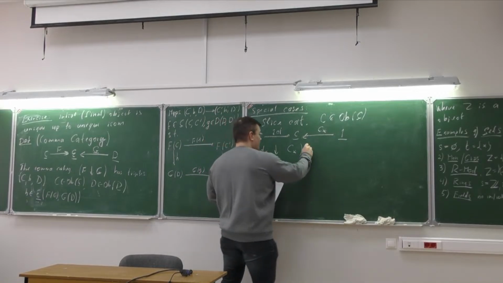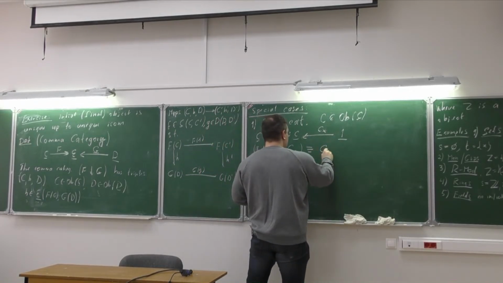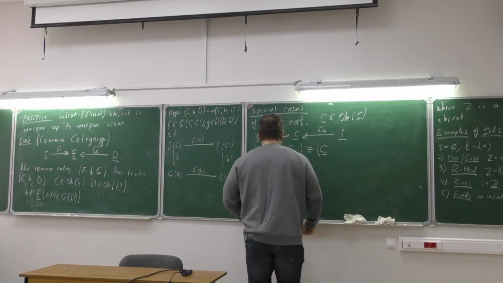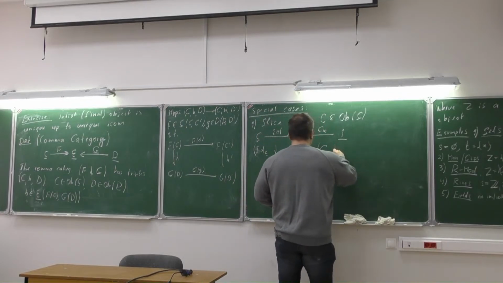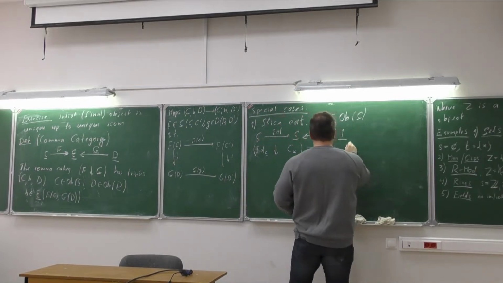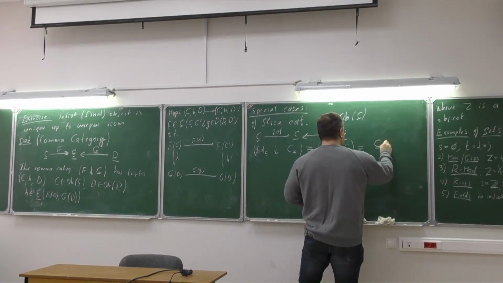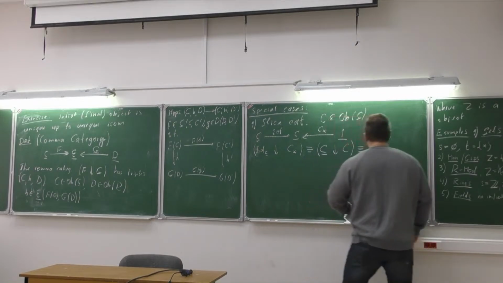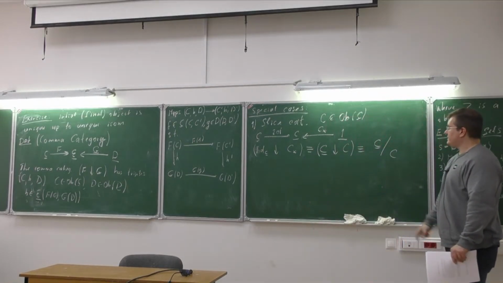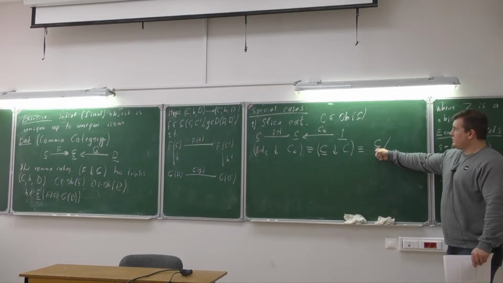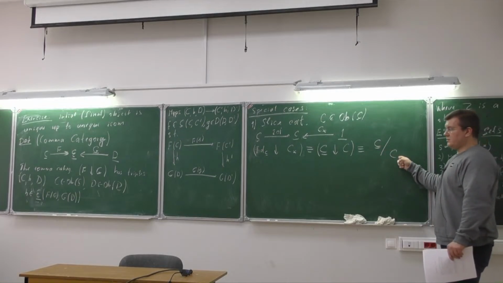The shorter way to write this is instead of the identity functor, write the category, and instead of this C lower star, just write the object C. Another even more common notation is C over C, meaning that here we study objects in the category C over this fixed object C.